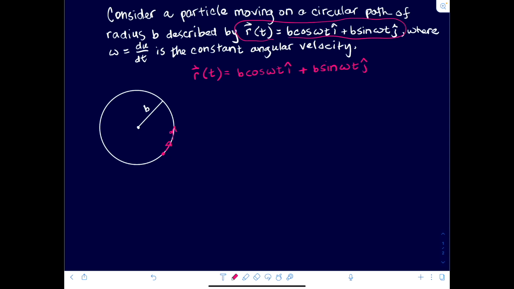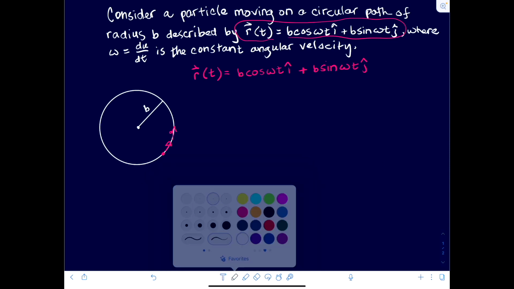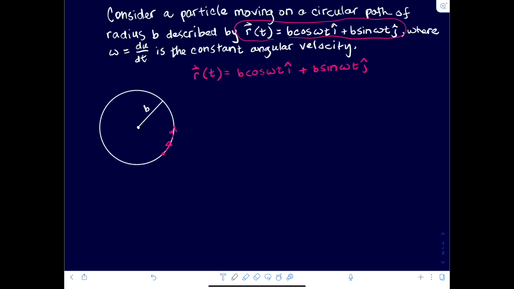So now let's take a look at what we have going on for the velocity vector in general. All right, so let's find the velocity vector. That'll be our first task.